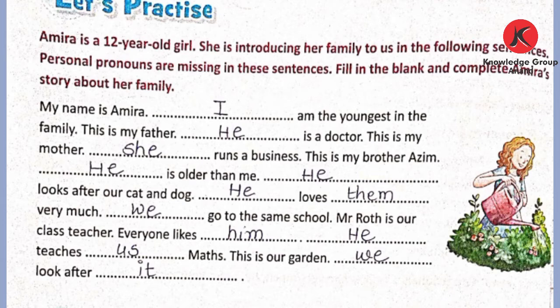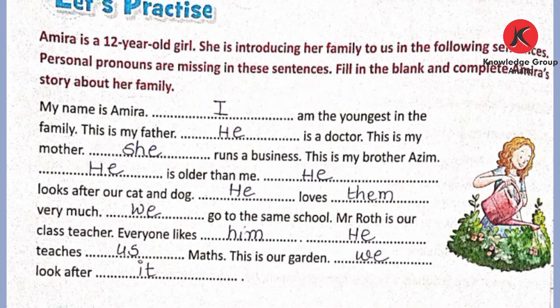Then we did the exercise on page number 40, and now we are going to do the exercise on page number 42. Amira is a 12-year-old girl. She is introducing her family to us in the following sentences. Personal pronouns are missing in these sentences. Fill in the blanks and complete Amira's story about her family.